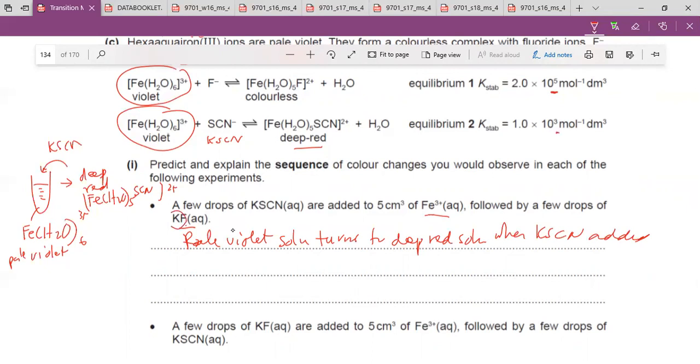KF, remember all potassium salts are sources, so it gives you K+ and F minus. This is where it comes in.